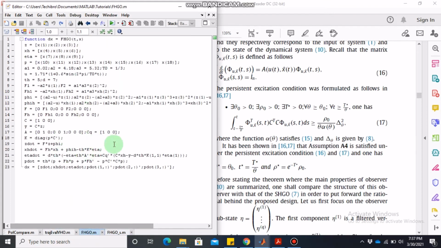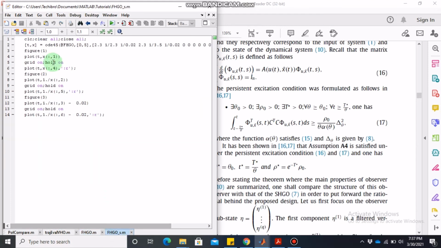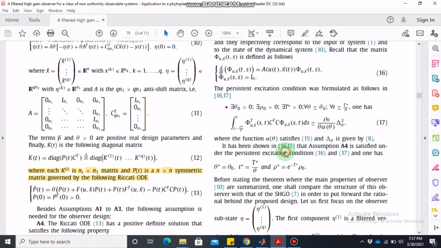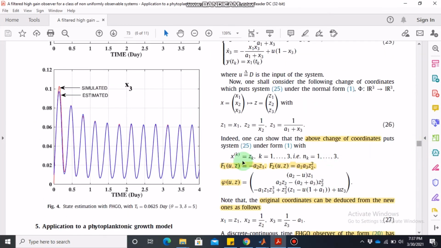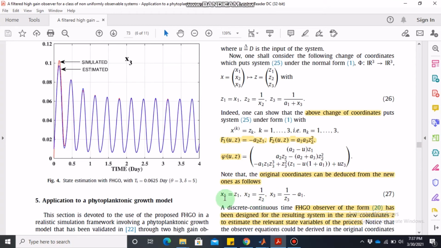In total there are 18 state variables in this model, so there will be 18 initial conditions. Then you plot: I have plotted x1, which is z1, and its estimate, and then I have plotted 1 over z2, which is x2. If you look at equation number 27, z1 is x1 and x2 is 1 over z2.